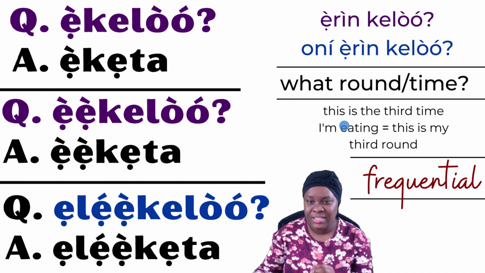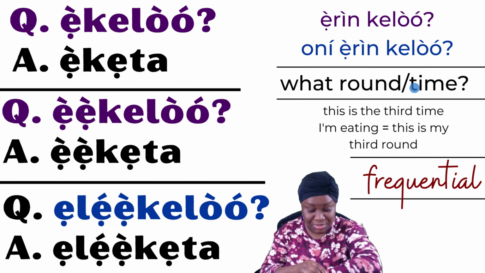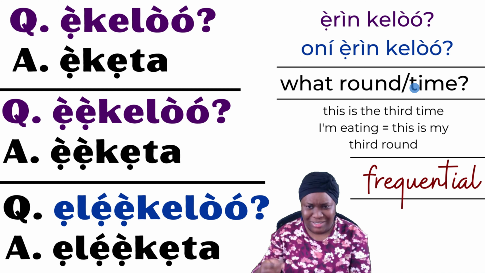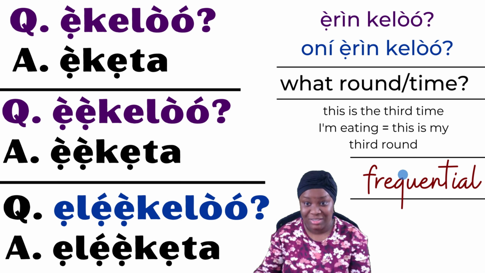If you say, this is the third time I'm eating, you're saying this is your third round. This is your third plate. Just in case you're wondering what the connection is between round and time: not time in the what time is it context, but time as in the order, the frequency with which you're doing something. The frequency, the round.